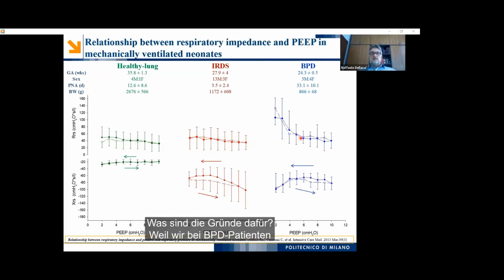So why is this happening? Because in these BPD patients, we had some obstruction at the level of the central airways, probably due to loss of elastic recoil of the lung. And this is clearly identified by these huge negative values that are both on the inflation and deflation limbs in the reactance, associated with an increase in the value of the resistance.